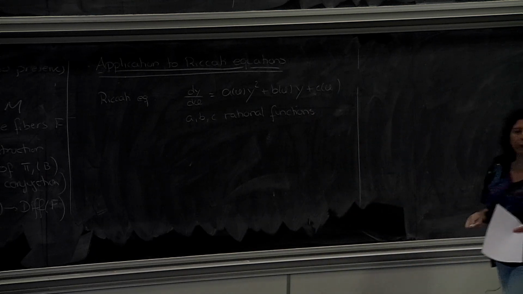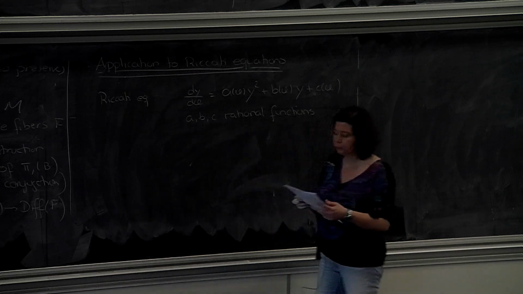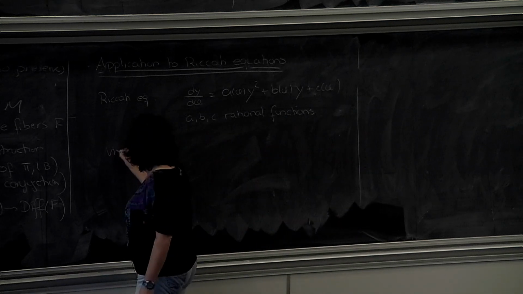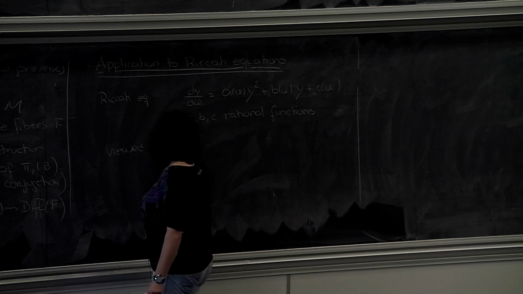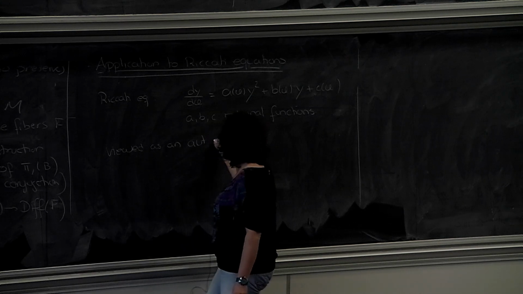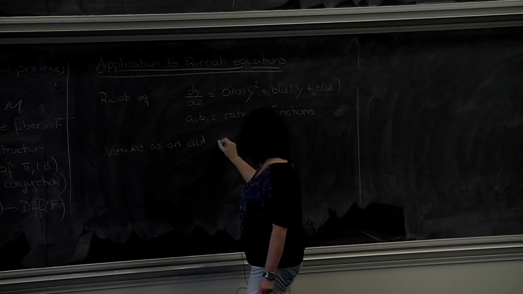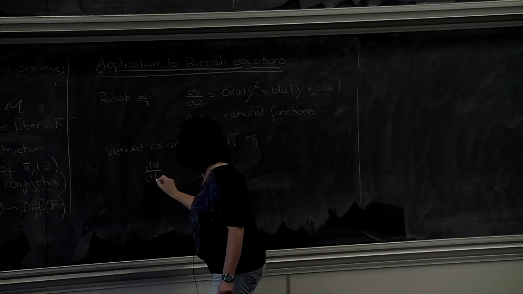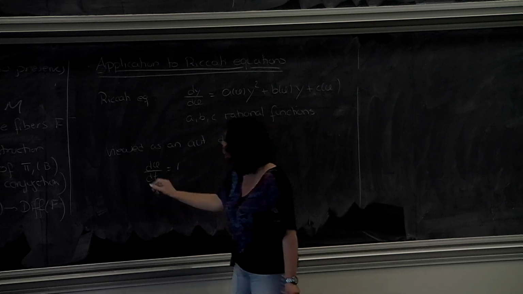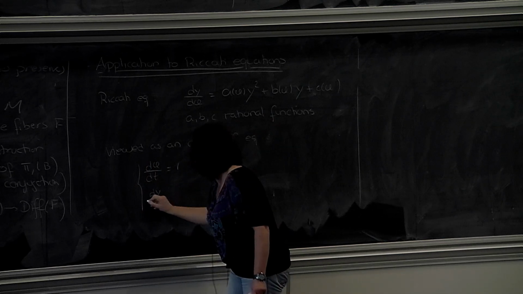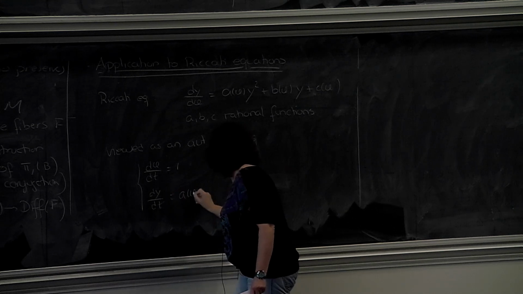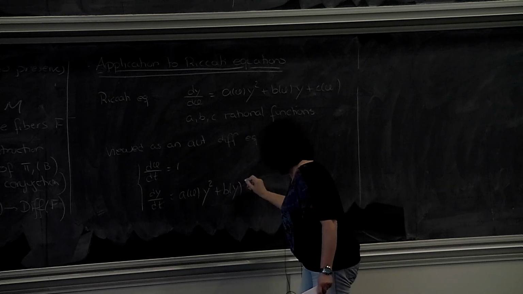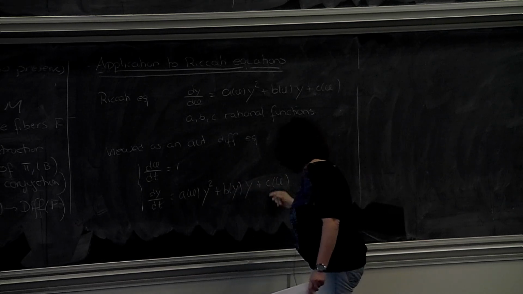Okay, we can always view it as an autonomous vector field or differential equation. We can just say that dx/dt is 1, dy/dt is a(x) y squared plus b(x) y plus c(x).